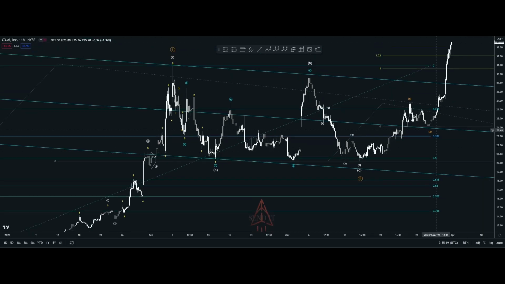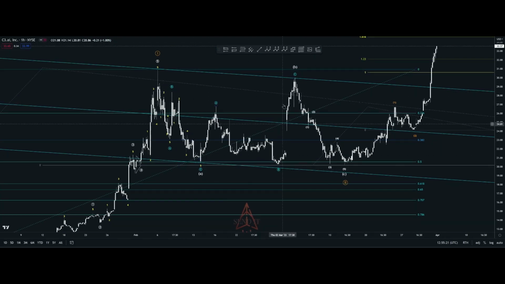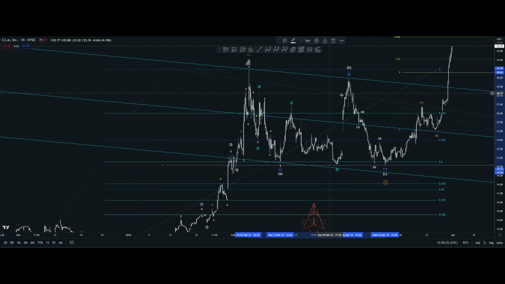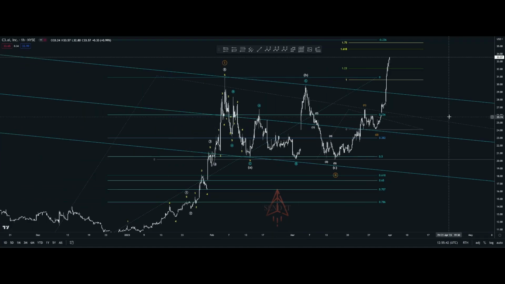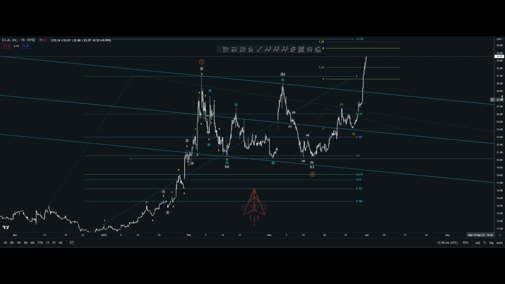Then something that looks most like a flat as a wave B, and wave B cannot be a flat if the whole corrective move is a flat. So A, B, C needs to be 3, 3, 5, and you can have an impulse here, but B cannot be a flat.